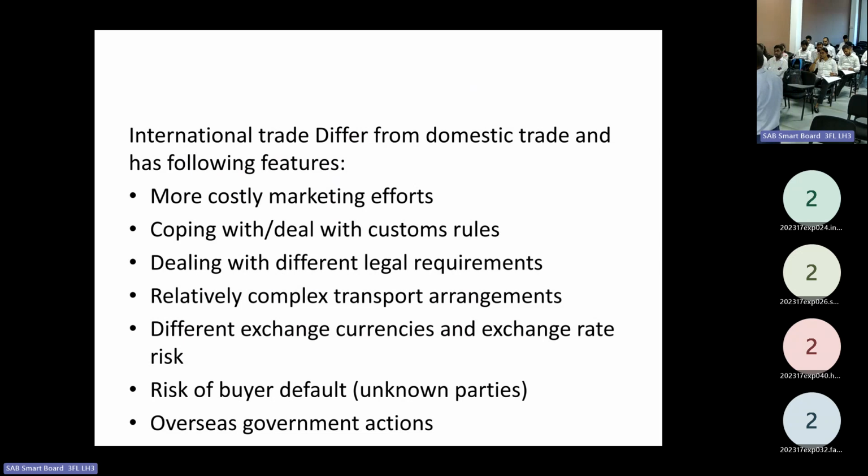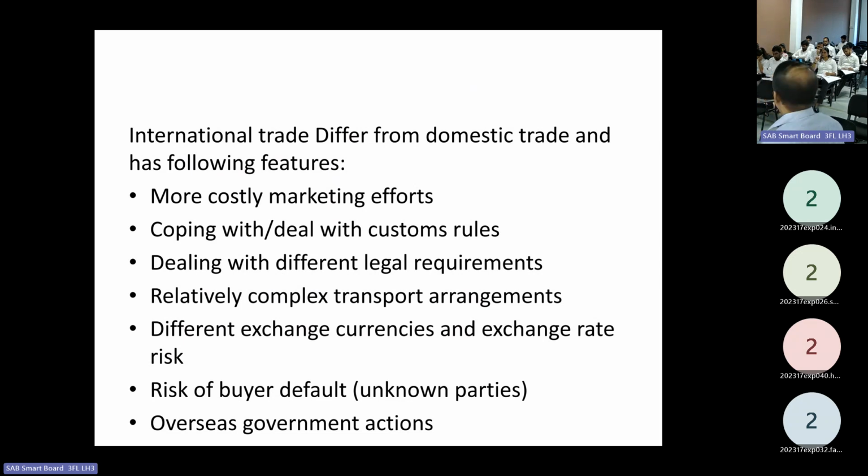So you have to look at the marketing aspects, and how you market your products in the international market is very costly. And the customs rules, we need to comply with them. And legal requirements, you need to comply with the legal requirements of the countries we are moving into.